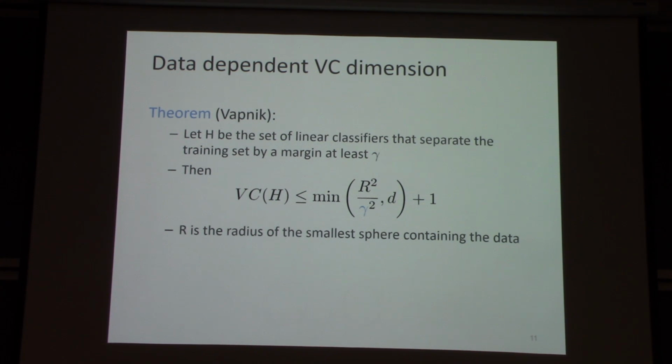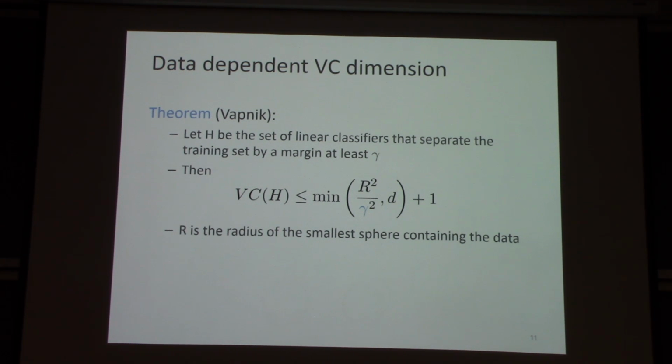Suppose you have a data set where all points are within a radius of r, and all these points are in d dimensions. Consider the hypothesis space of all linear classifiers with margin gamma. The theorem says the VC dimension of this is the minimum of r squared over gamma squared plus 1, or d plus 1.